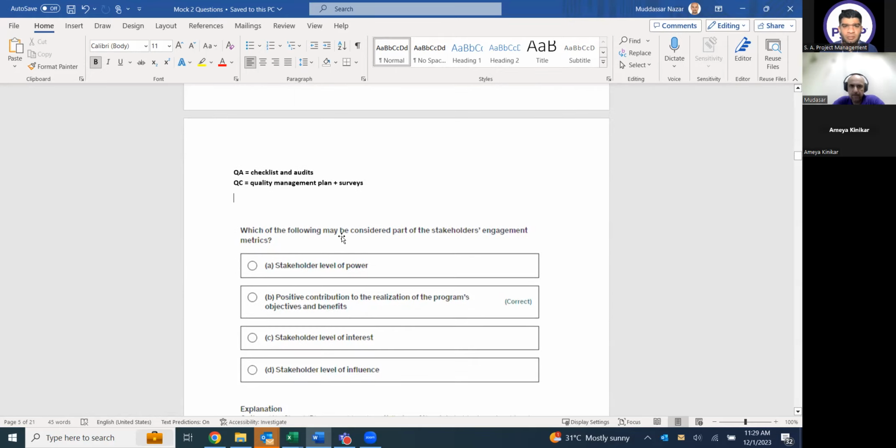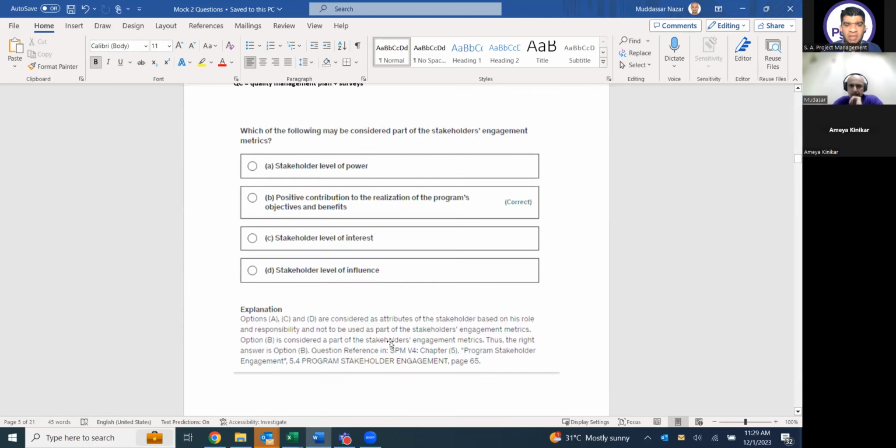Which of the following may be considered part of the stakeholder engagement matrix? Stakeholder level of power, positive contribution to the realization of program objectives and benefits, stakeholder level of interest, stakeholder level of influence. This also I could not understand. This is also an ambiguous question. If you're talking about engagement metrics, it can be a lot of things.